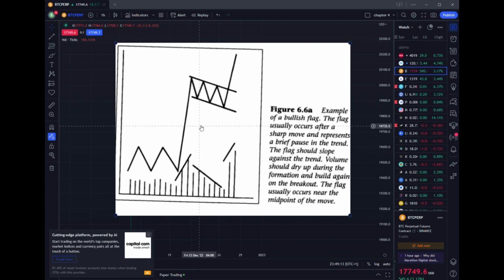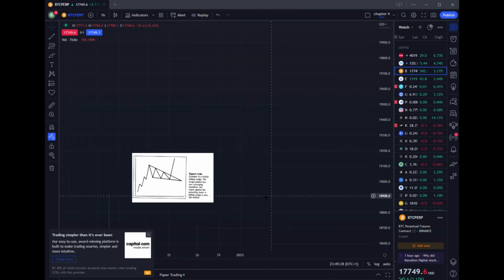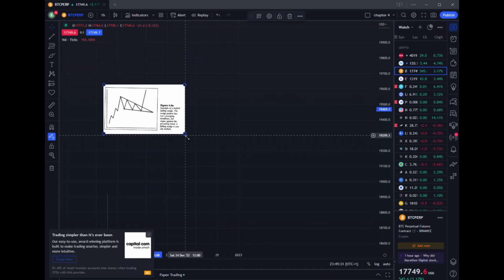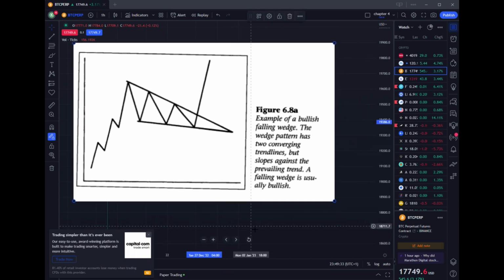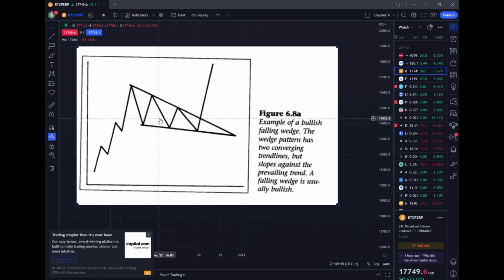What is important to know here is the volume should increase on the rallies, of course, but you don't want to see a lot of volume in the flag. You want to see it only on the up rallies, because that means there's a lot of room for a rally upwards. If the price can maintain this price range on low volume, that's great to know.